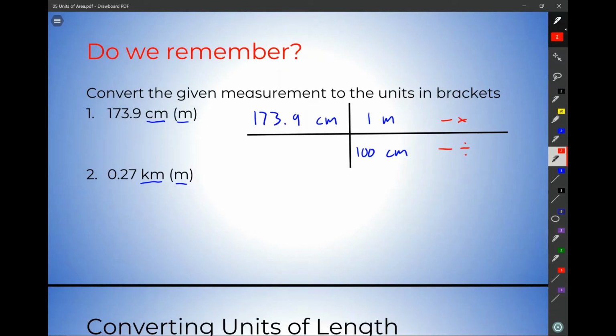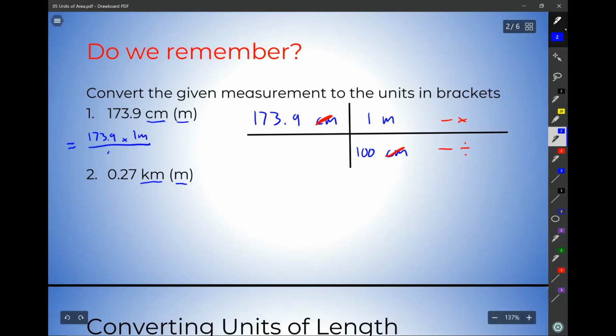So what we can do here is cancel out the centimeters, and we're left with 173.9 times 1 meter divided by 100. So 173.9 divided by 100 is 1.73 meters.